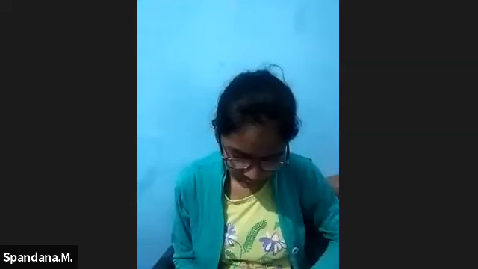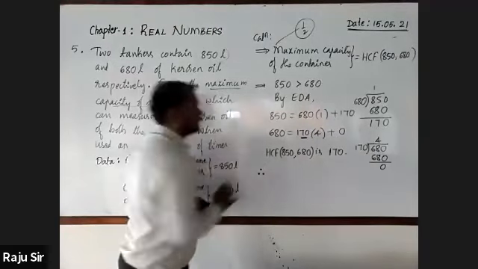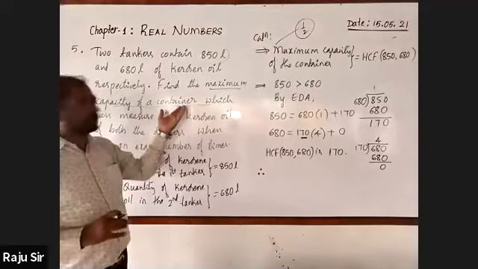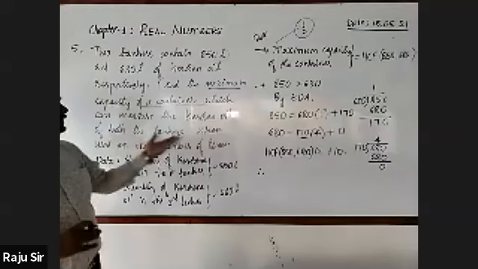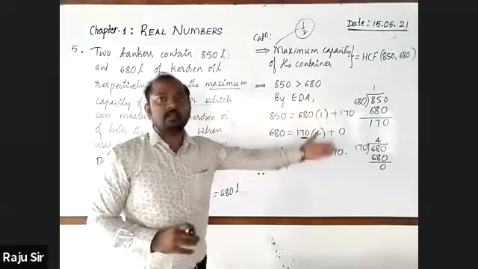Follow. Next, write the conclusion. The maximum capacity of the container which can measure the kerosene oil of both the tankers when used an exact number of times is 170 liters.